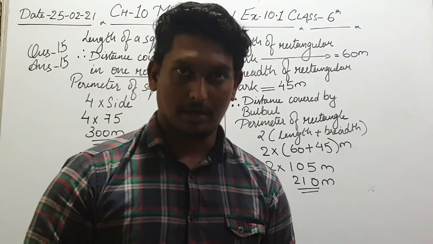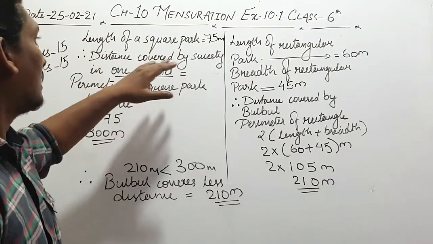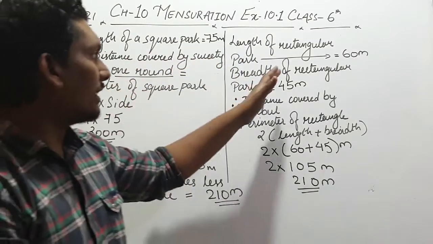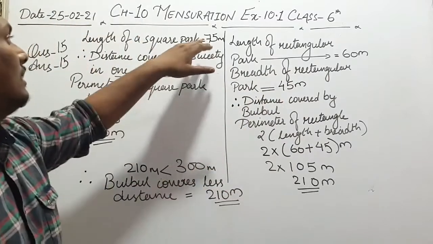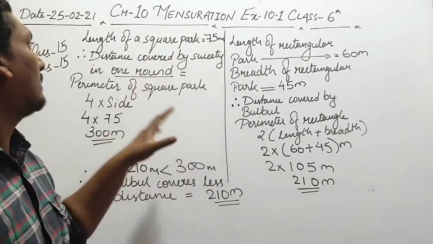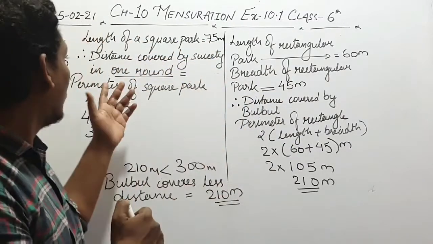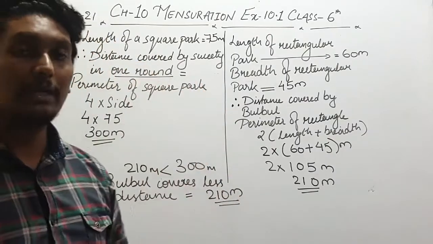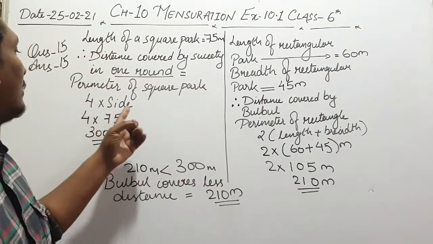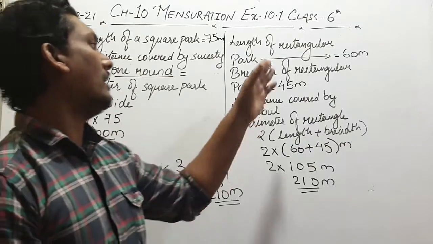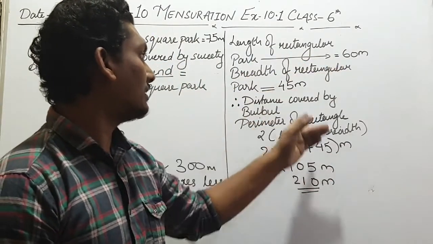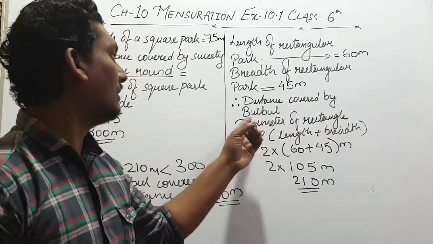Hope the question is very clear to you. We are talking about Sweetie. She is running in a square park. Bulbul is running in a rectangular park. Square park whose side is 75. She is completing one round. That's why, because of this word, we have to find the perimeter here. That is 4 into side, that is 300. And Bulbul is running in a rectangular park. She is covering the total distance.